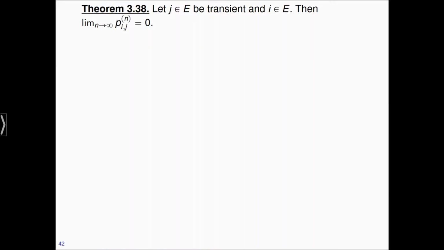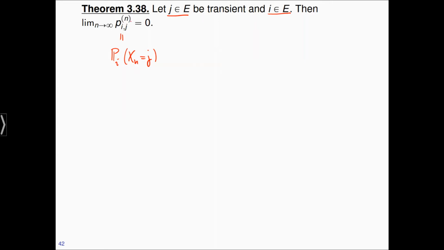Here is the first main theorem of this section. There's a transient state j and some other state i. We ask for the probability that when we start at i, we are at j after n steps. Here's a repetition of the definition: P_ij^n is nothing else but the probability that starting at i, you are at j after n steps.